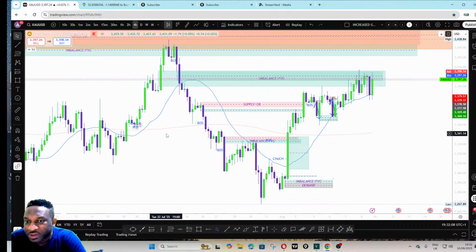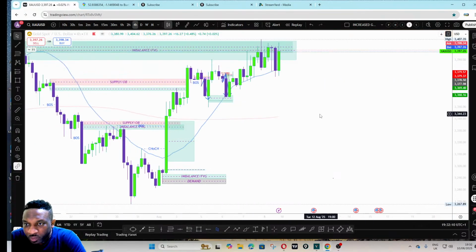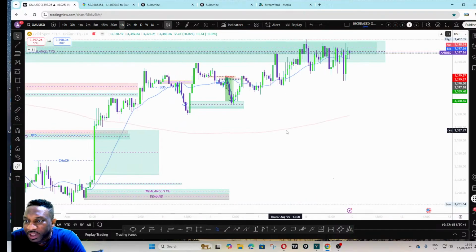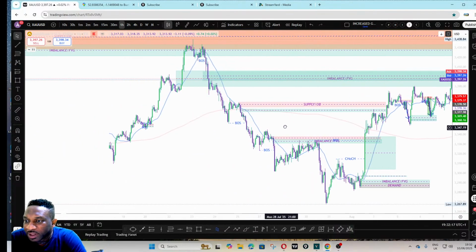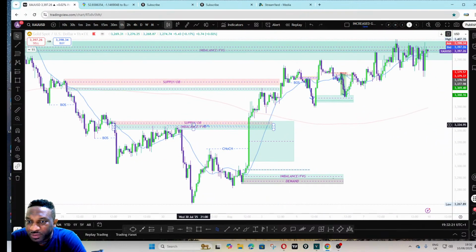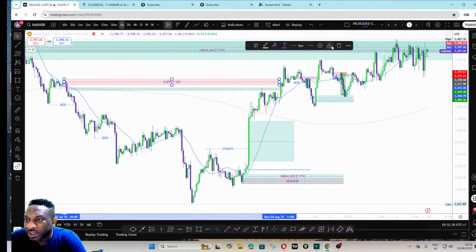I think there is, but if we go to 1 hour, let's see. My chart is loaded with markings. I think I have to delete some of these to make it clear. Loaded with old markings that have already been mitigated.